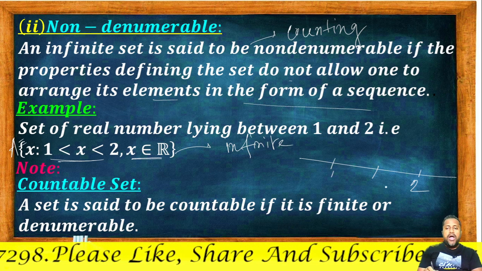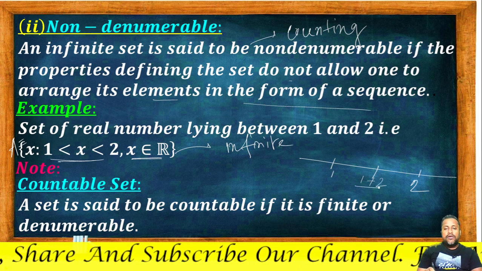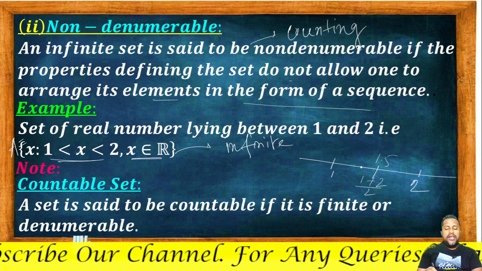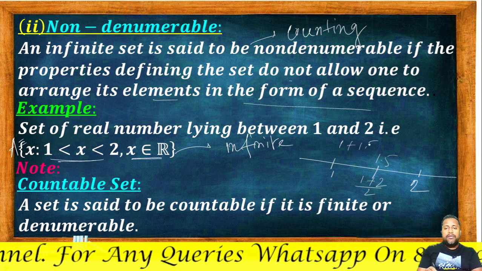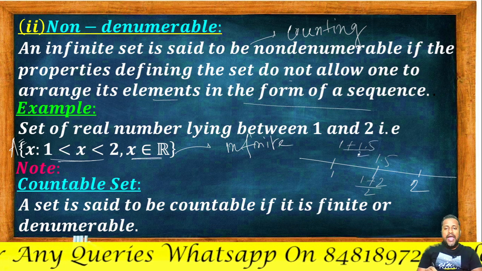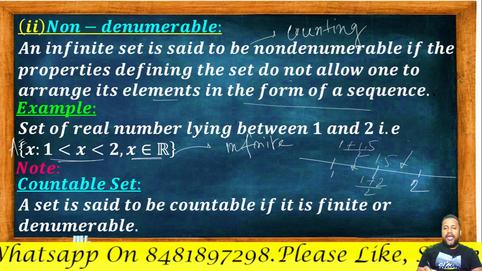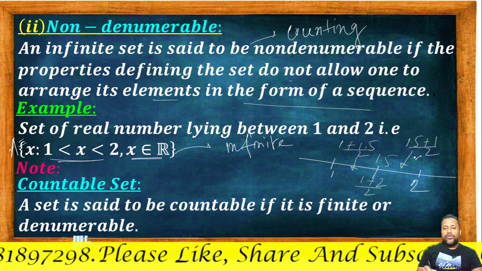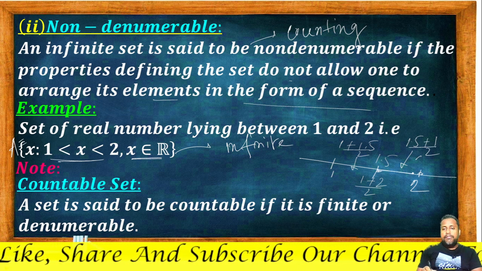Say 1 and 2, so between 1 and 2, 1 plus 2 by 2, that is 1.5, will be a real number between 1 and 2. Again, 1 plus 1.5 by 2 will be another real number lying between 1 and 1.5. Again, 1.5 plus 2 by 2 will be another real number lying between 1.5 and 2.